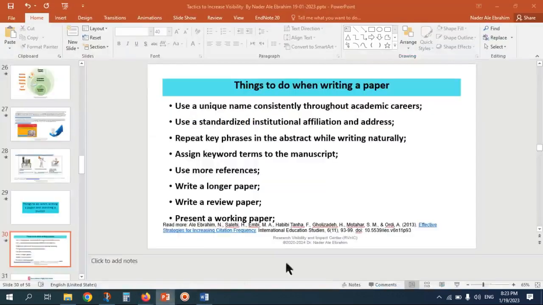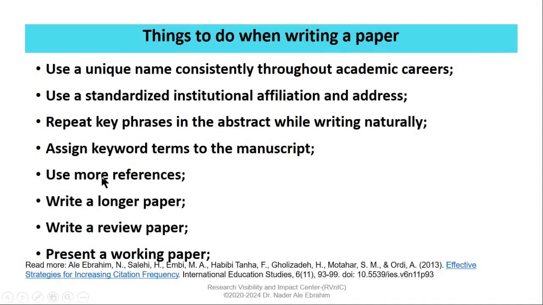Back to my presentation. Use more references if the journal allows you, because right now there are limitations. The journal says, okay, up to 7,000 words, up to 4,000 words. You are not allowed to write longer.